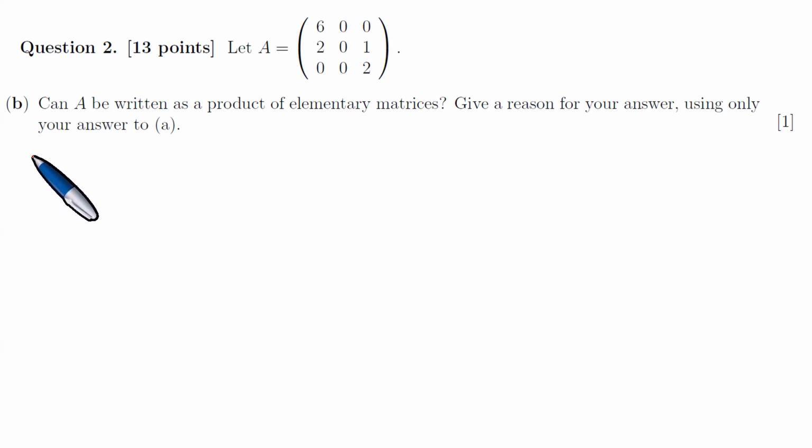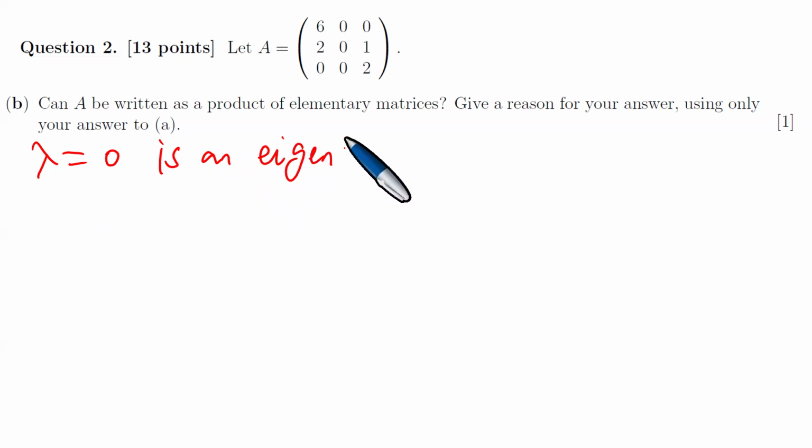There are many reasons. Lambda equals 0 is an eigenvalue of A, that's one of the reasons, but I'll state others.